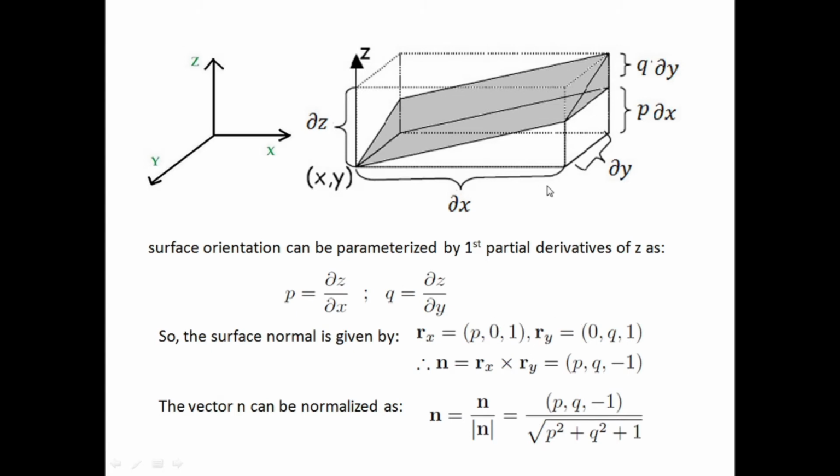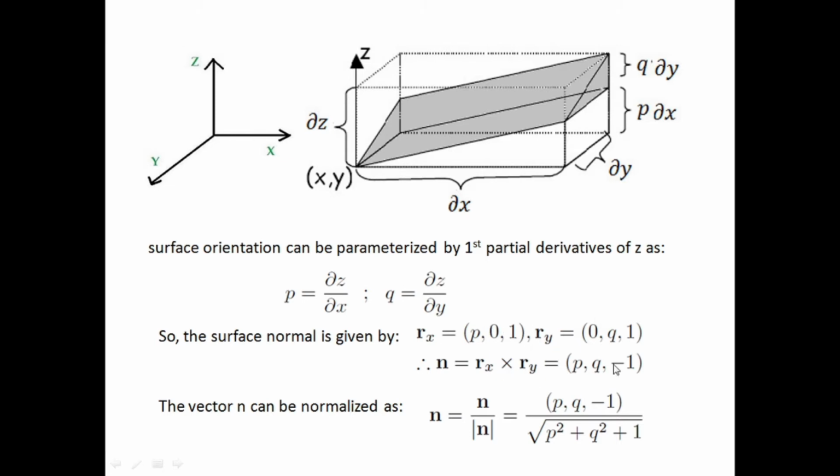Now if I would like to get a normal component, to whom should it be normal? To the surface, which initially was resting in the xy plane. So the normal component should be perpendicular to your tangent plane. That means the normal component is the cross product of Rx and Ry.